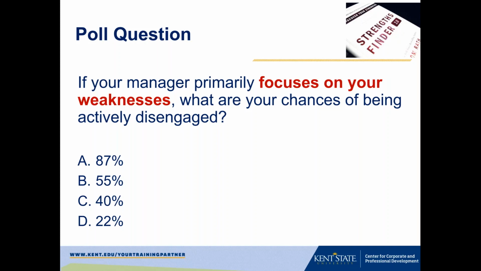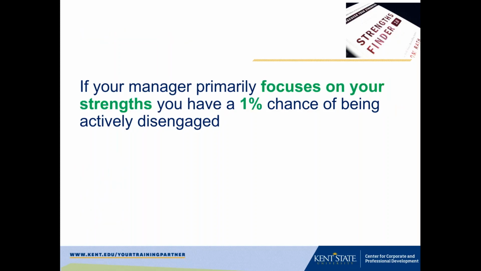But here's the key statistic in all of this, and one of the things that I really want you to take away is that if your manager primarily focuses on your strengths, you have a 1% chance of being actively disengaged.